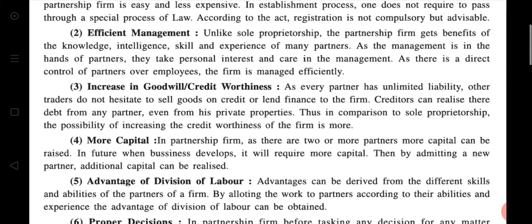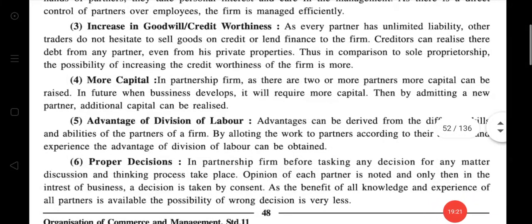Then, increase in goodwill or creditworthiness. As every partner has unlimited liability, other traders do not hesitate to sell goods on credit or lend finance to the firm, because in a partnership firm liability is unlimited.